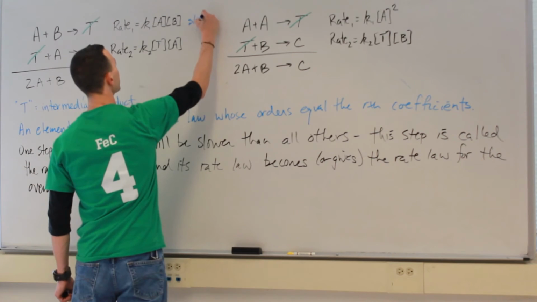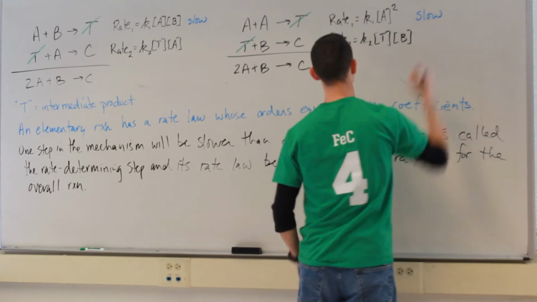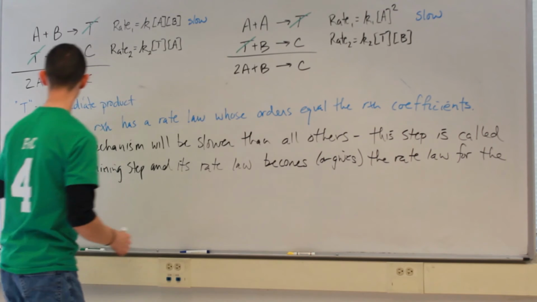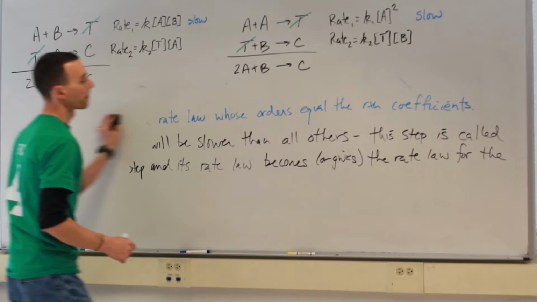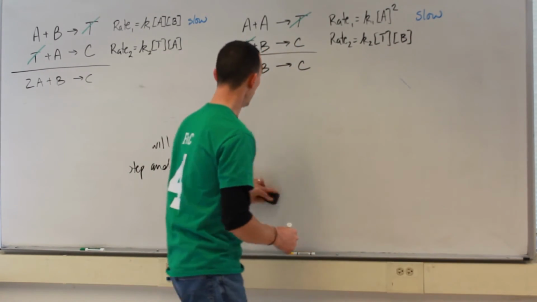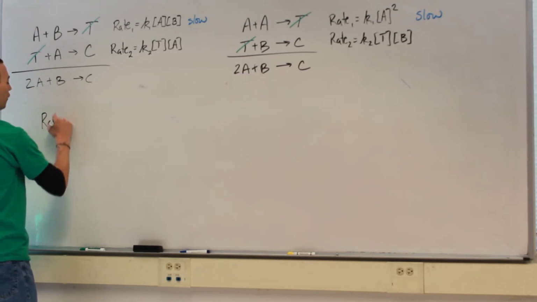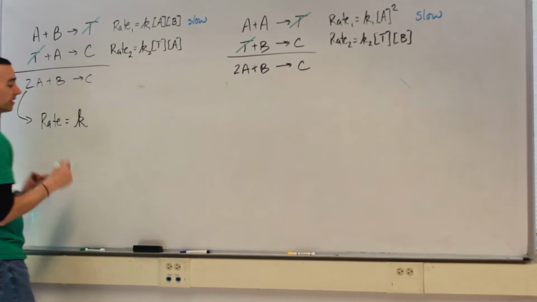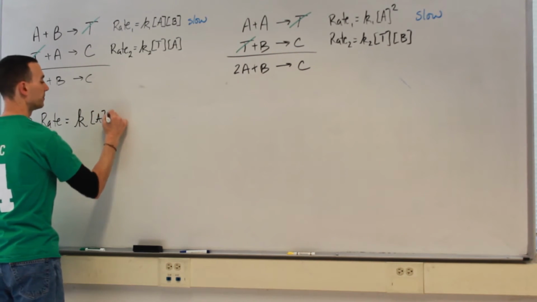So what if I said this was the slow step in my first mechanism, or this was the slow step in my second mechanism? If that was the case, and I want to keep the mechanism, so I'm going to go ahead and erase down here. But if that was the case, then the rate law for that step becomes the overall rate law. So the overall rate law for 2A plus B would equal a rate constant k times [A] times [B].